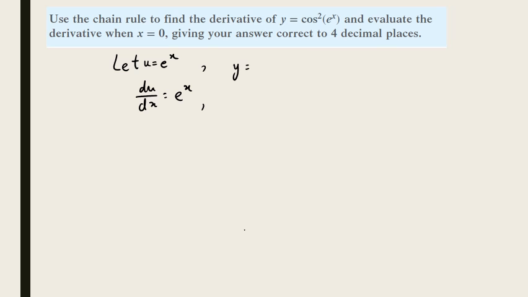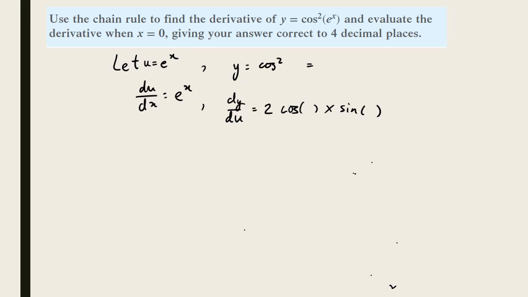y is equal to cos squared u. So then the dy/du would then be us letting cos of u be another function. So we take the power down. So 2 cos u times the derivative of what is inside.